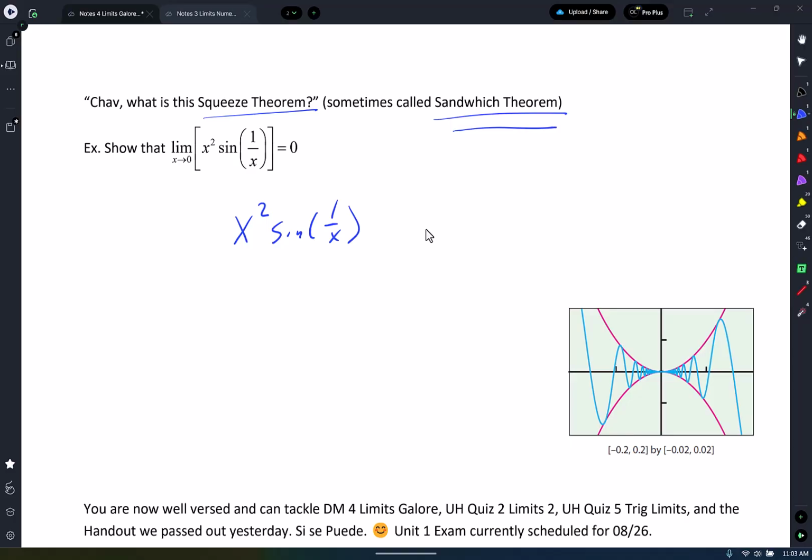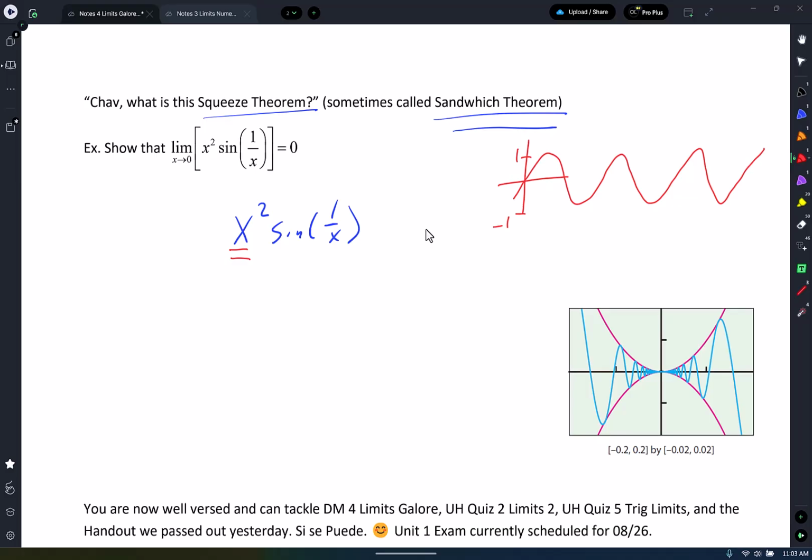From your pre-cal days, we know that sine is just going up and down, up and down. Here's 1, here's -1. This is just sine. Yay or nay? This x squared in the top acts like an amplitude. Yes or no?